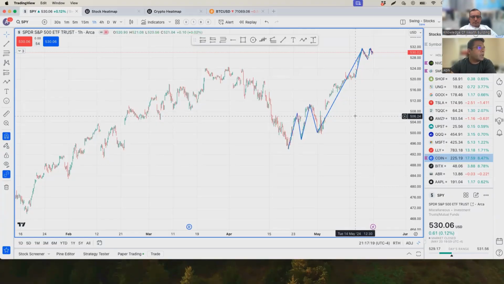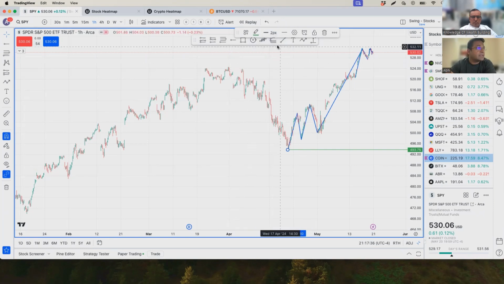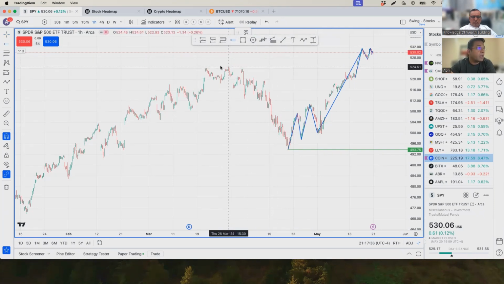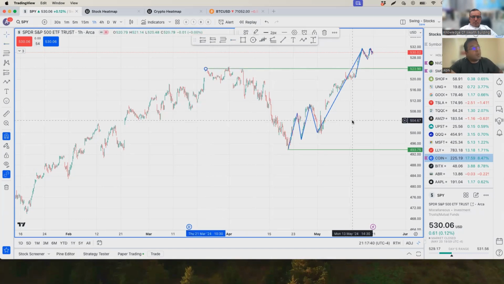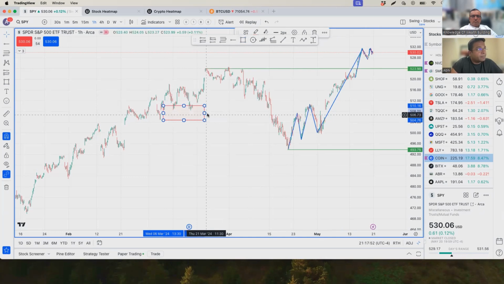When I see this chart, I'm not going to say here's where the support is and here's where the resistance is. It's a little bit more than that. This is where there are buyers trying to push the price higher.